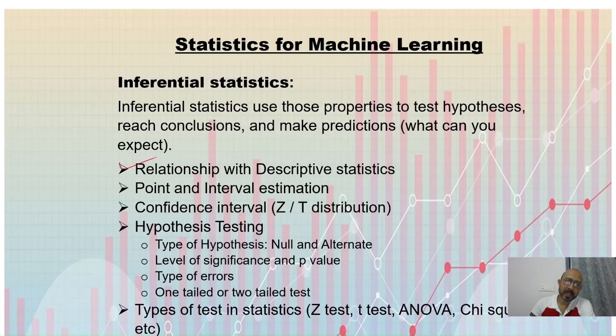Relationship with descriptive statistics: point and interval estimation, confidence interval, Z distribution, T distribution, hypothesis testing, types of hypothesis, level of significance and p-value, types of error, one-tail and two-tail test, types of tests in statistics like Z test, T test, ANOVA, chi-square test, etc.